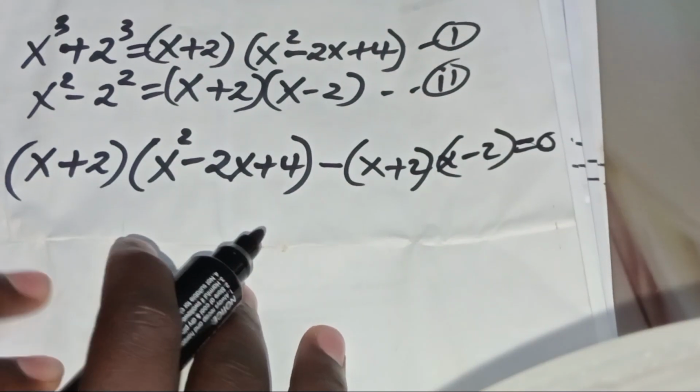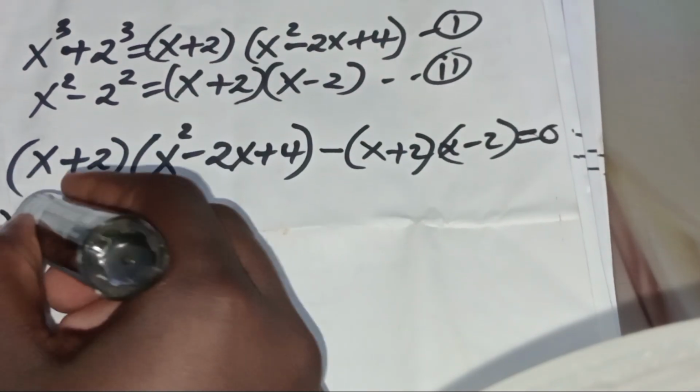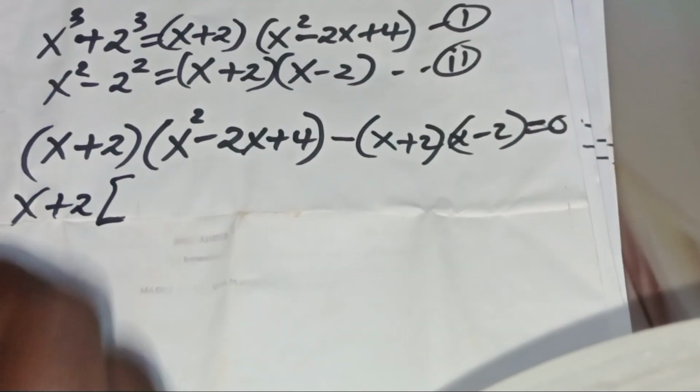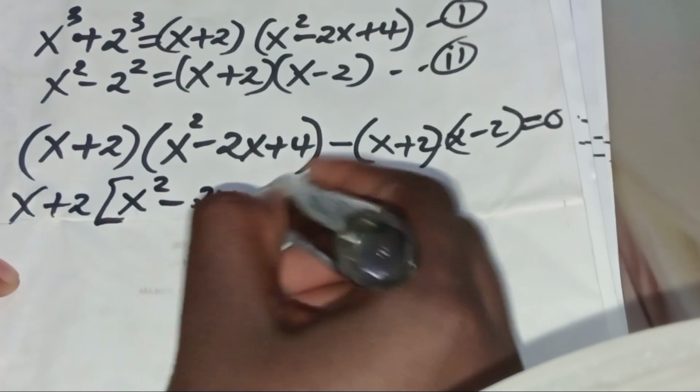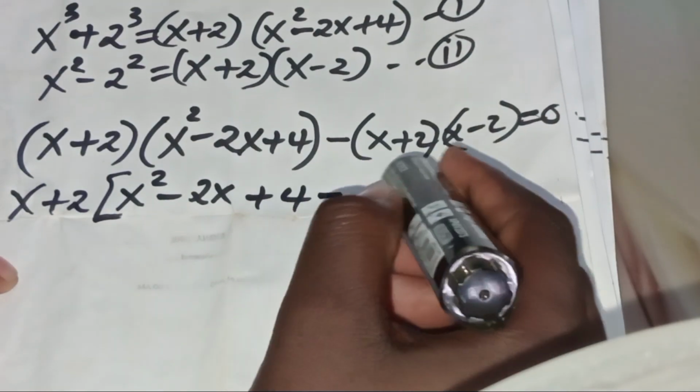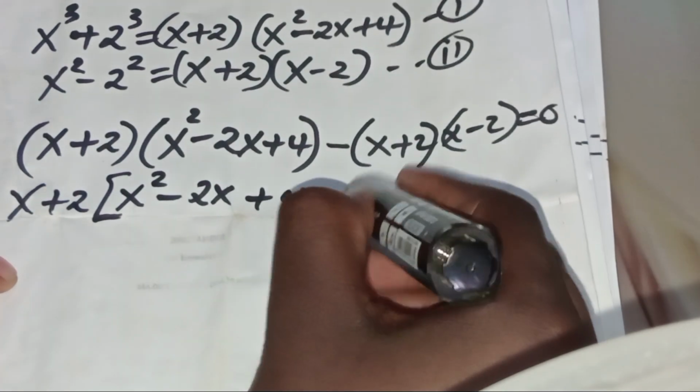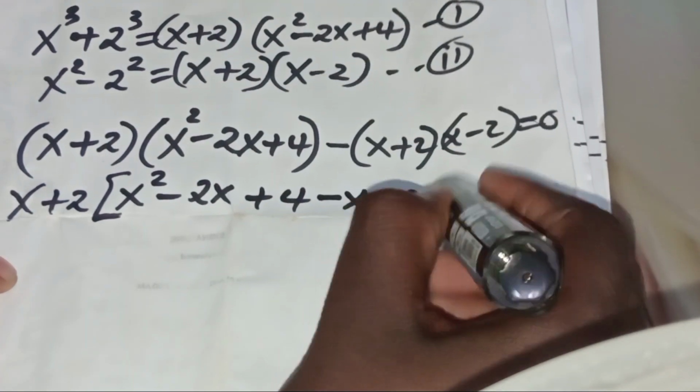Now, as you can see from this equation, we have that x plus 2 is common, so we factor out x plus 2. So we have x plus 2, and into the parentheses, we'll have x to power 2, subtract 2x plus 4, now here we'll have subtract x plus 2, this is equal to 0.